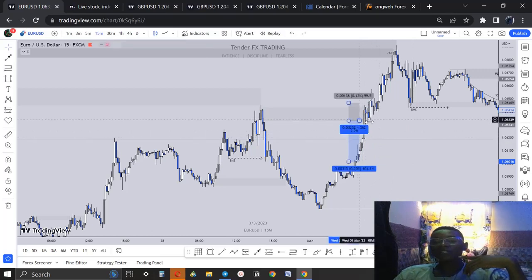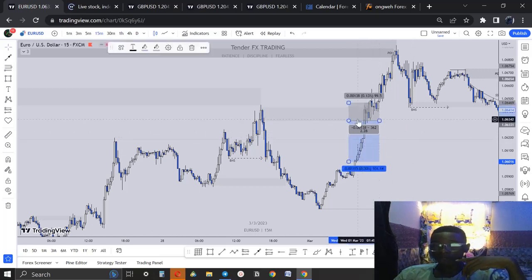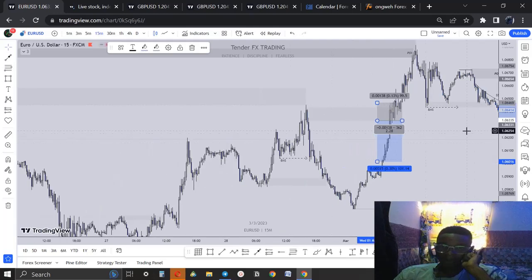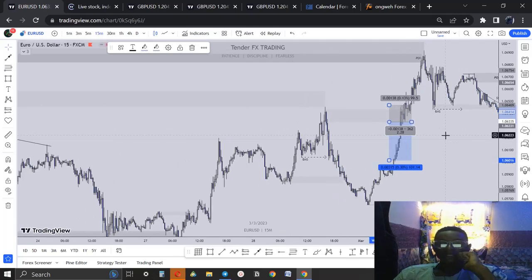I was really supposed to take off my order, because there was large volume coming to my supply zone, which stands a very high probability that price can take me out, which you can see actually happens. But I did not take off my order. I was just looking till price hit my stop loss.